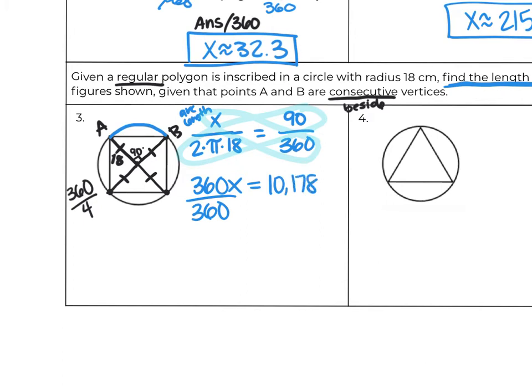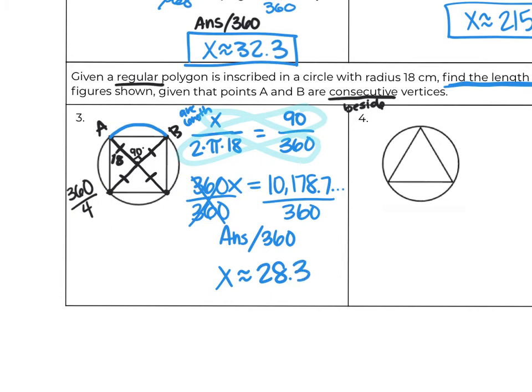So 10,178.7... Main thing is I do not want you to clear this answer off your calculator. Leave it on there. Okay, so you're actually going to type in answer divided by 360. That's what your calculator will actually say. And enter, and I get 28.27, so that's 28.3.